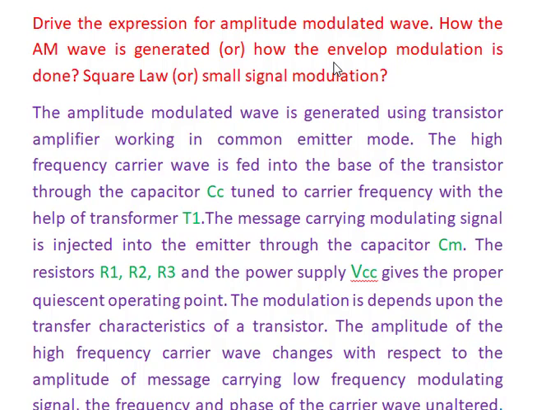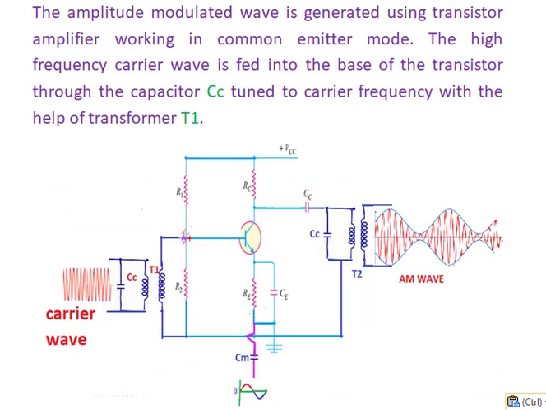So the amplitude modulated wave is generated using a transistor amplifier working in common emitter mode. See, it is a transistor amplifier constructed with common emitter mode. It is an NPN transistor.